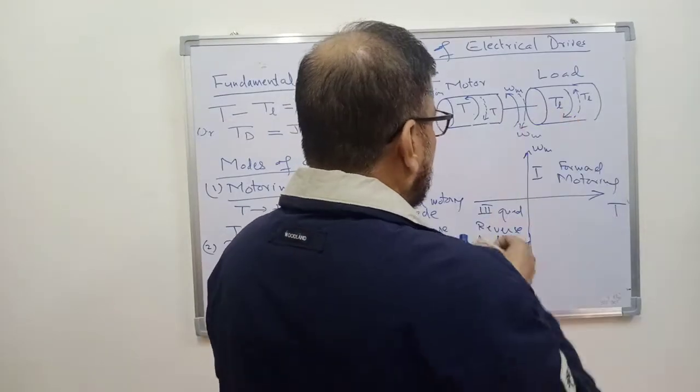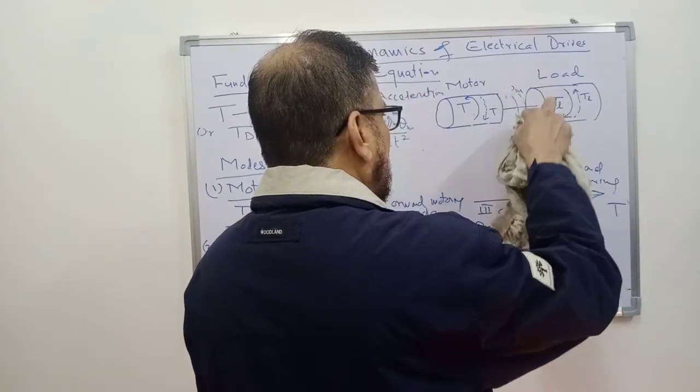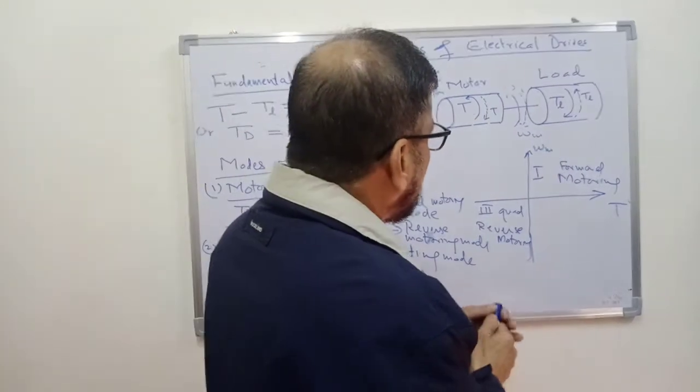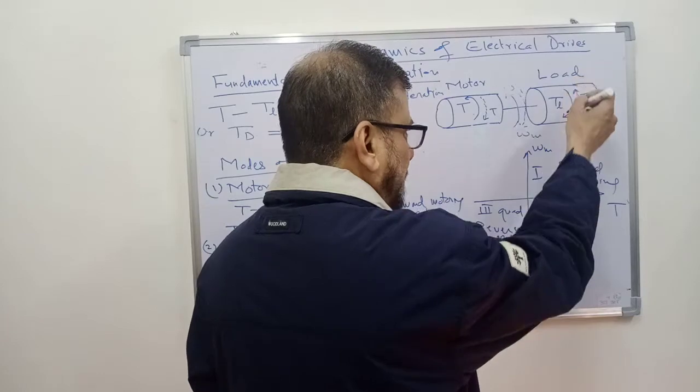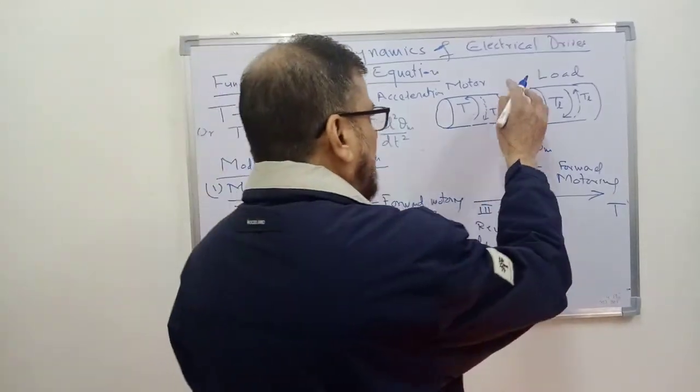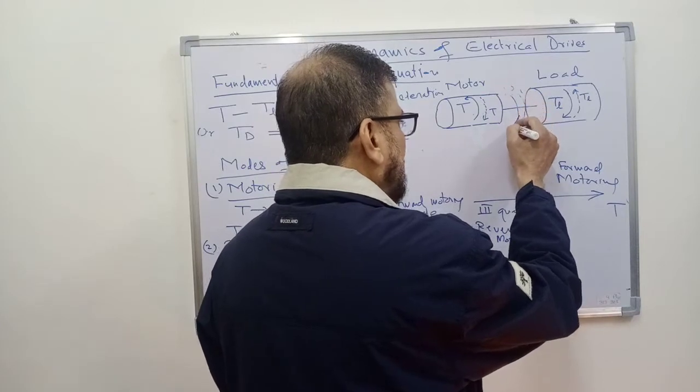So in that case, I will show it here also. In that case, the load torque is supposed positive. So this load torque I am taking it positive. So load torque is driving the motor.